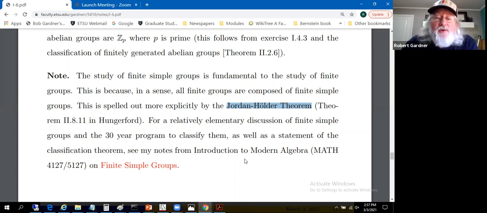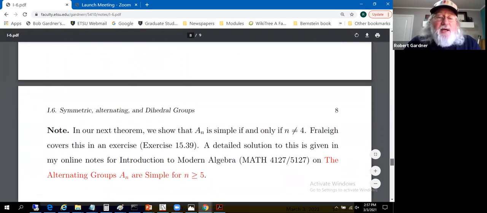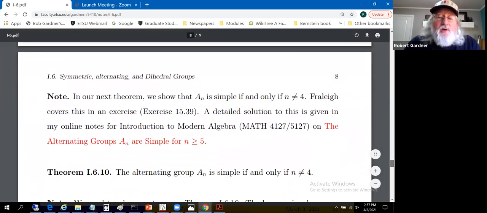I have some notes from Introduction to Modern Algebra that describes a little bit of the history of this and actually gives a classification result for the finite simple groups. But there's reasons to look at these kinds of groups. In fact, alternating groups give examples of simple groups.